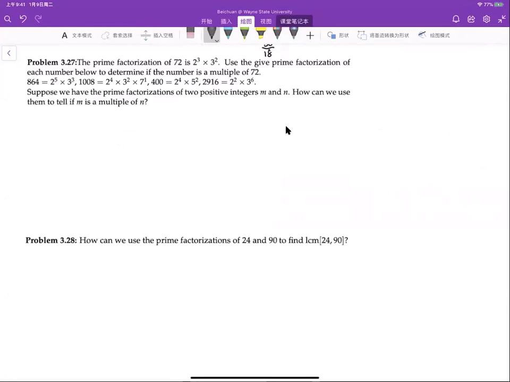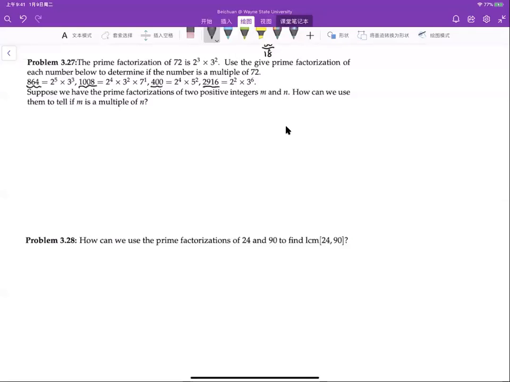So let's look at problem 3.27. The prime factorization of 72 is 2 cubed times 3 squared. Use the given one to determine if the number is a multiple of 72. Definitely you can just divide all of those numbers by 72 to check it, right? But if we have the prime factorizations, we have an easier way to do that.